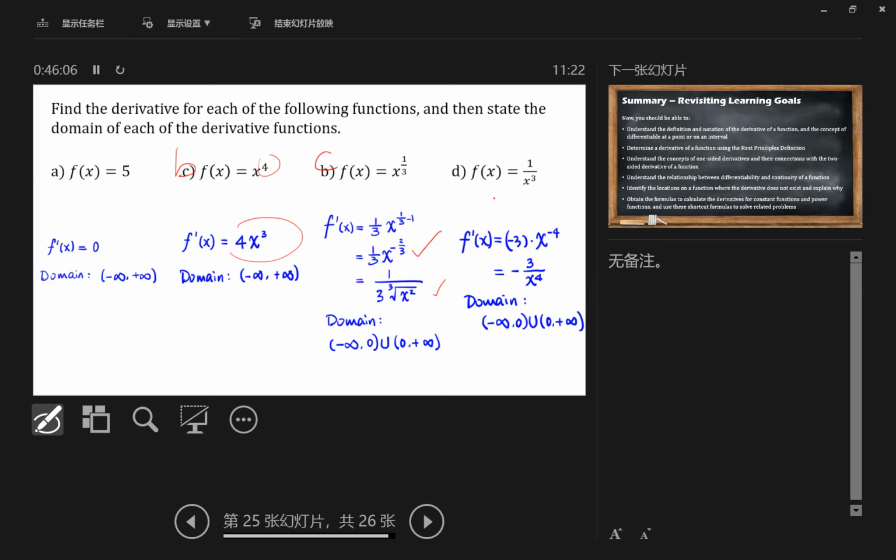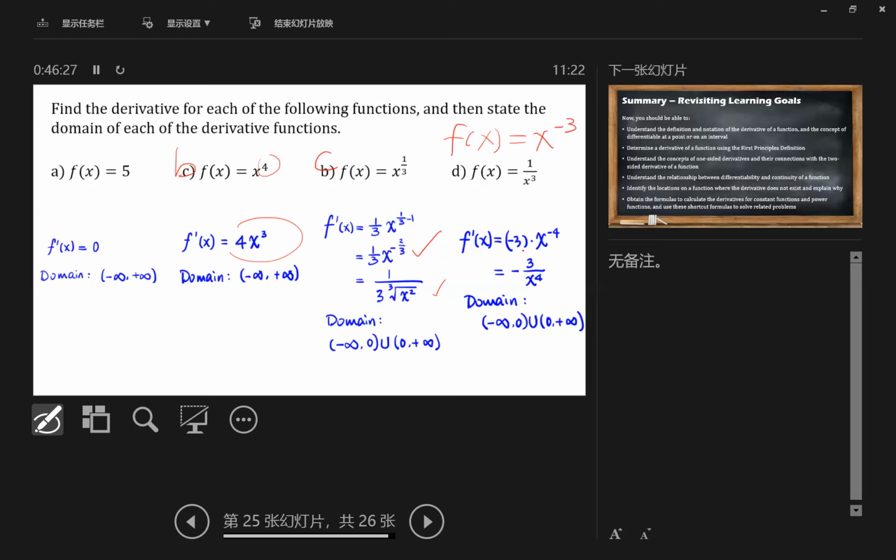Okay, last, the function is f(x) equals x to the power of -3, right? Therefore, this is also a power function. The derivative of this function equals -3 put in front, then reduce the power number by 1.